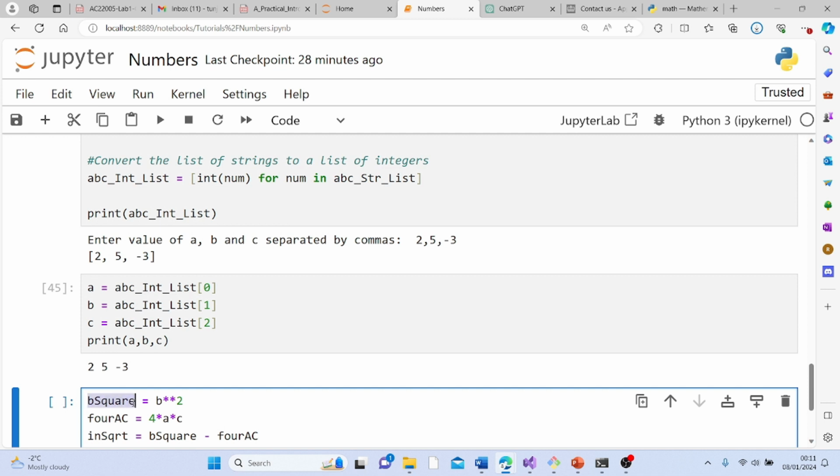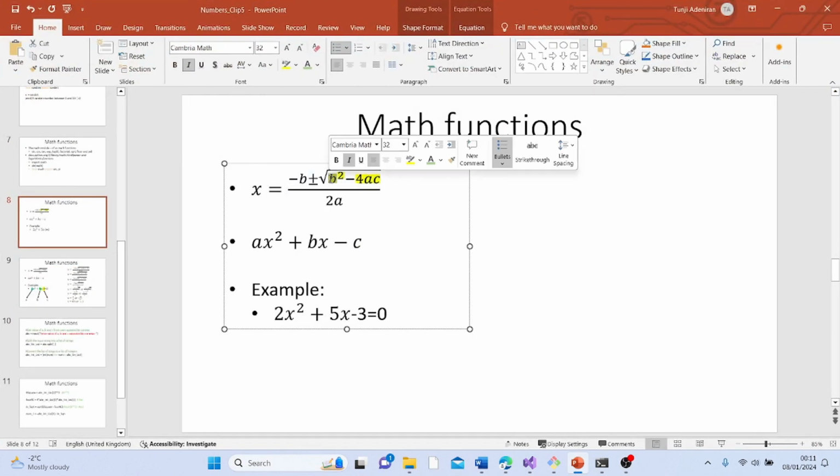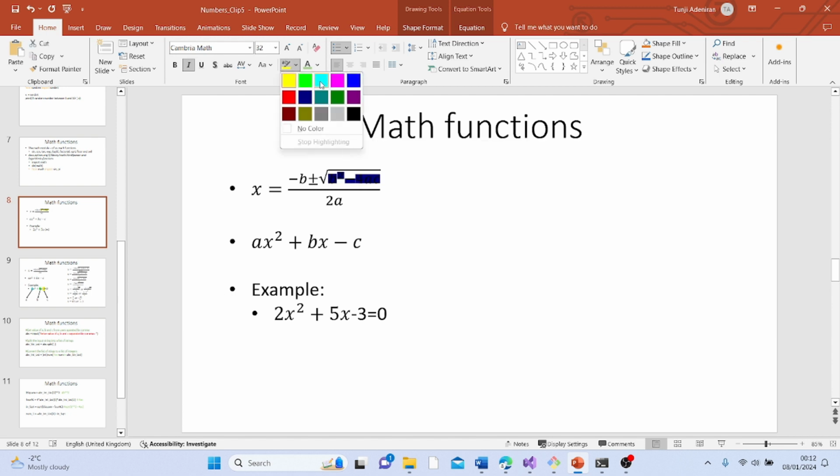So we have this, right, minus this inside our square root. If you look at this now, we have this b squared minus 4ac. So we have been able to complete the arithmetic operation inside the square root.